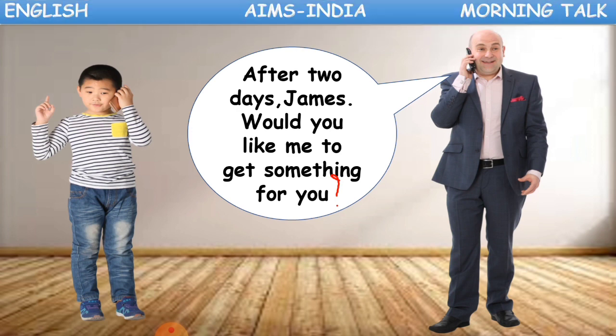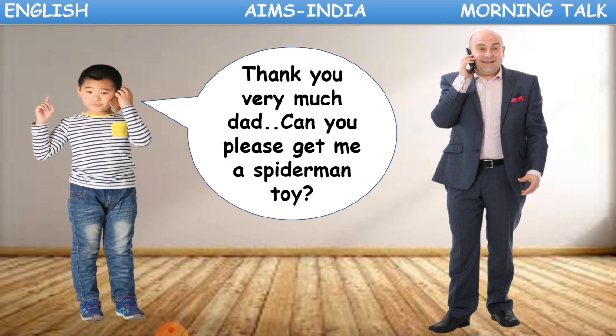Okay, children. Now, James is happy because his father asked what he would like to have, so that is why he is thanking. You must first thank. Okay, thank you very much, Dad. Can you please get me a Spider-Man toy?